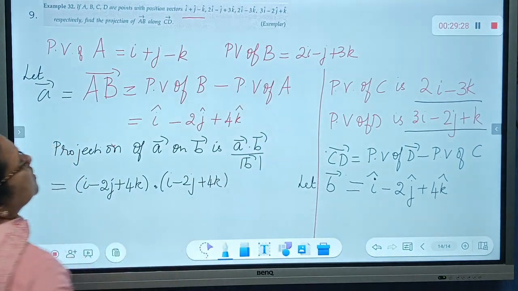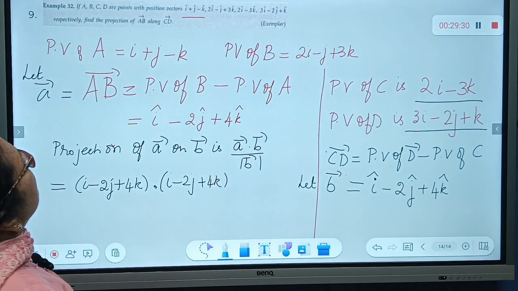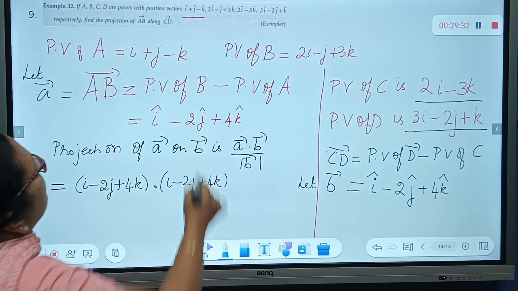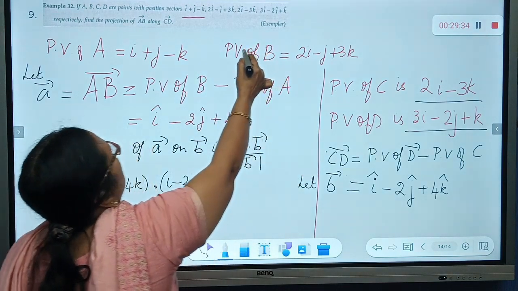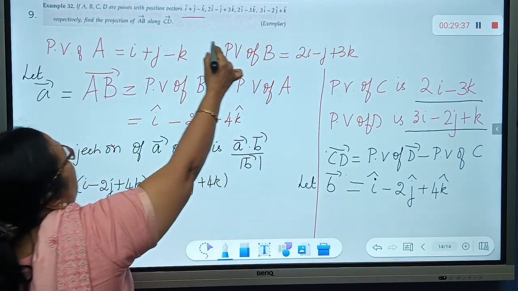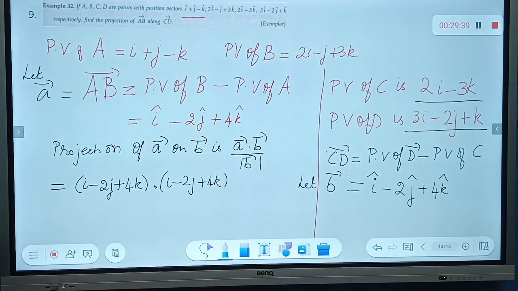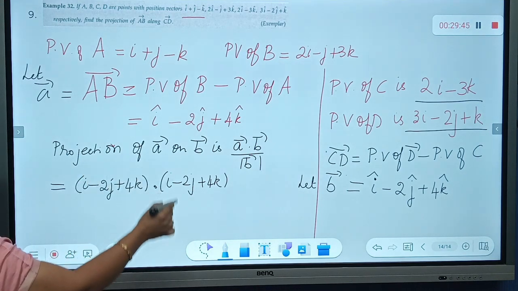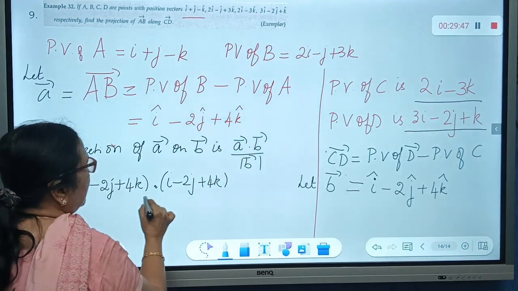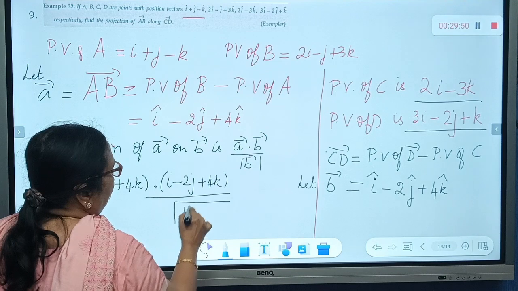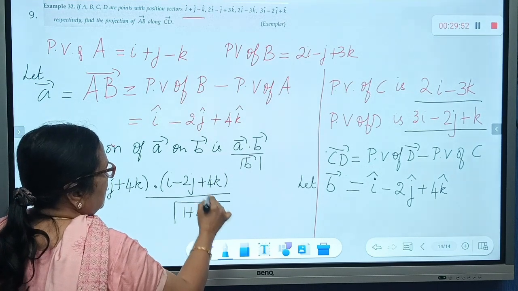Both of them are the same. So the projection is this dot product divided by root of 1 plus 4 plus 16.